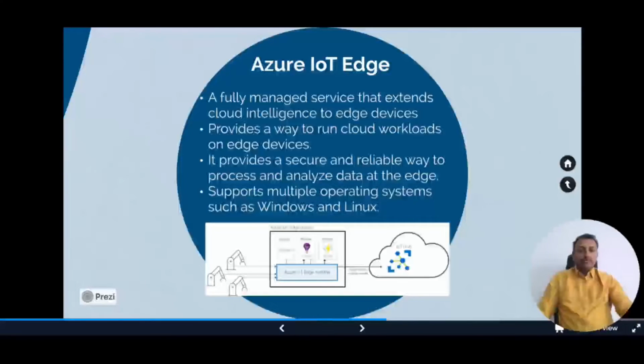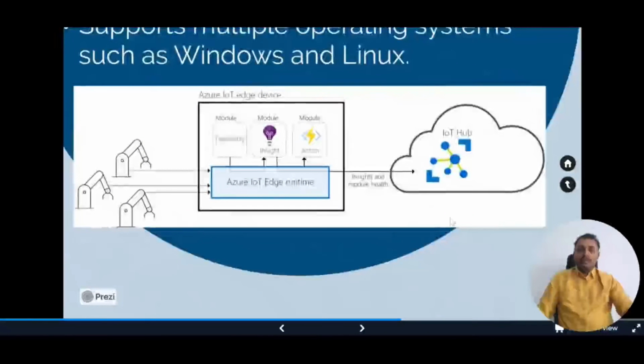IoT Edge supports multiple operating systems, which makes it easier for developers who are proficient in Windows as well as Linux. In this diagram, you can see the architecture of IoT. On the left-hand side, you can see the sensors, and in the middle we have the edge device, which has modules.